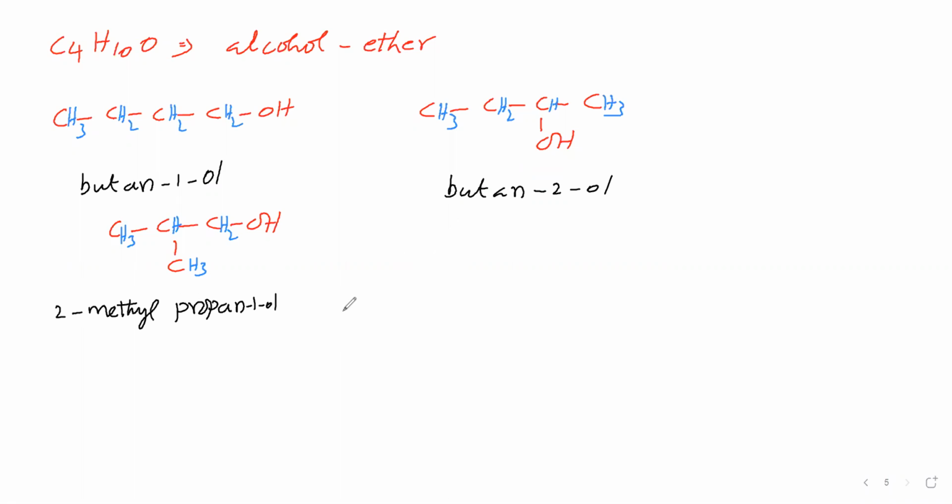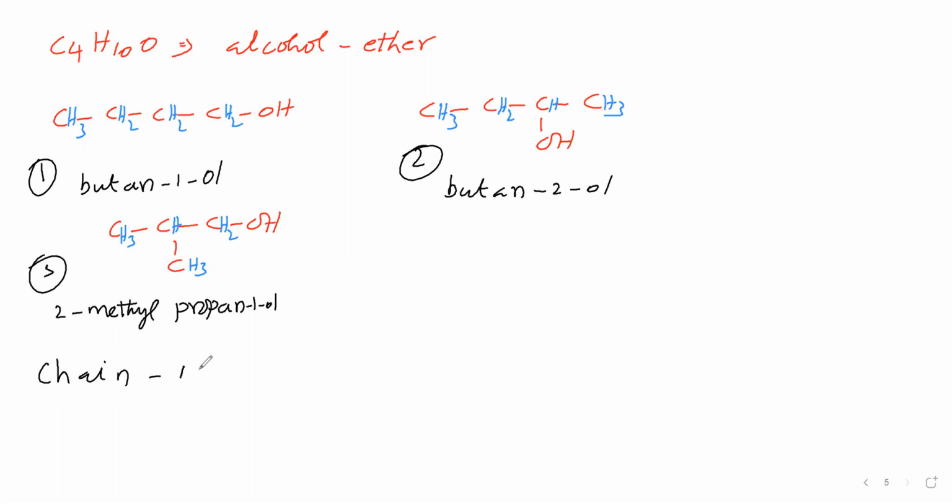Here the parent chain contains, this is number 1, number 2, number 3. In this one, the parent chain contains 4 carbon atoms. In this one, the parent chain contains 3 carbon atoms. Therefore the parent chain length is different, so these two are chain isomers.